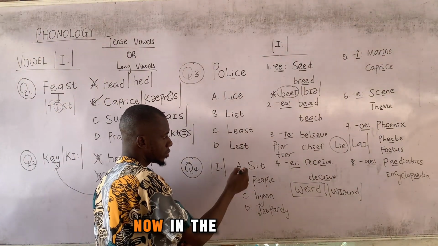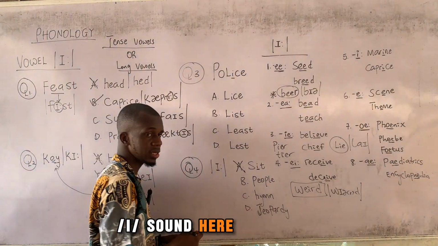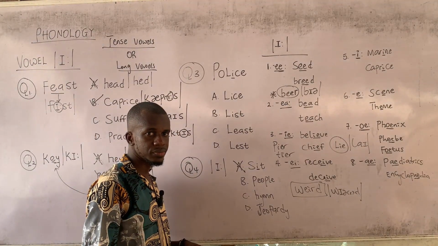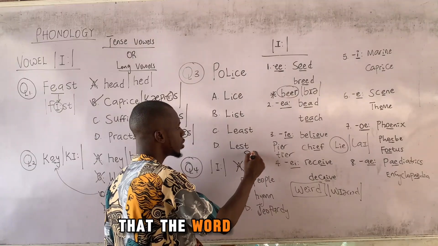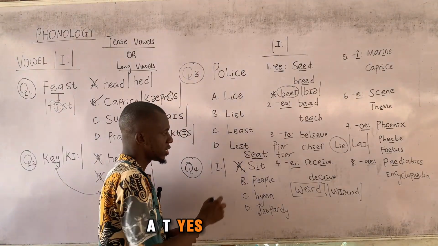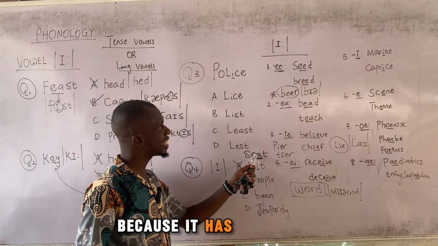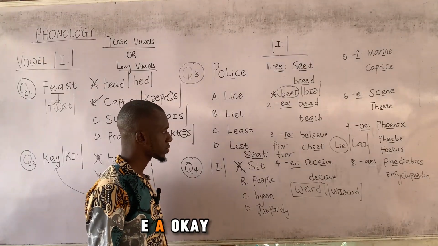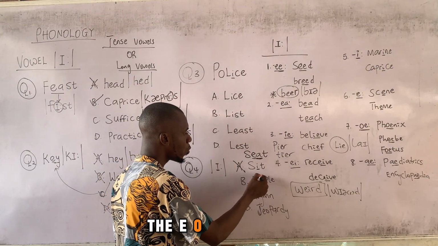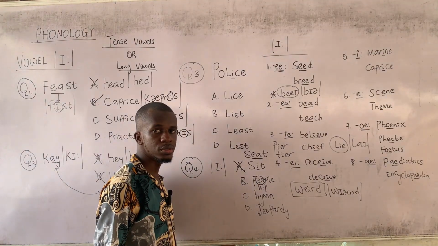Now, in the word sit, we have a short E sound here. Please take note of that. Now, you know that the word sit has another form, which is seat. Yes, this possesses the long E sound because it has the letters EA. But that's not our focus now. In the word people, the EO here gives us the long E sound. People, people.